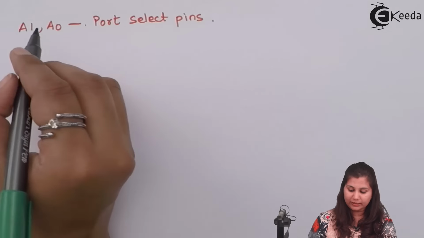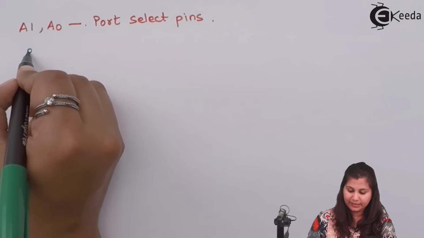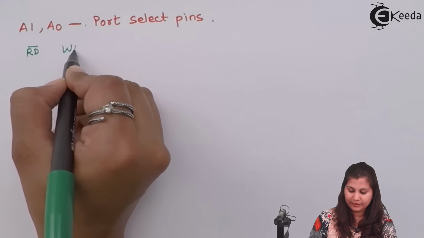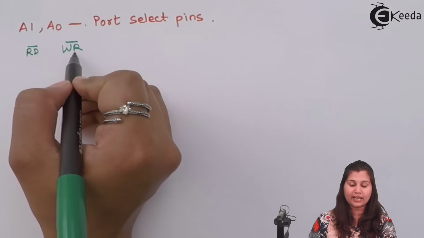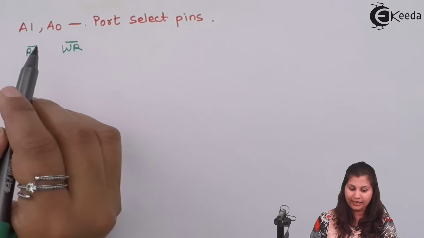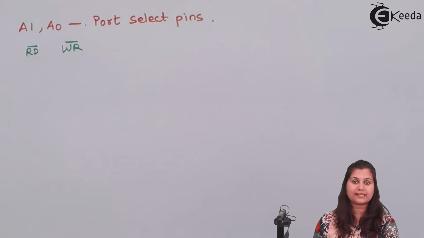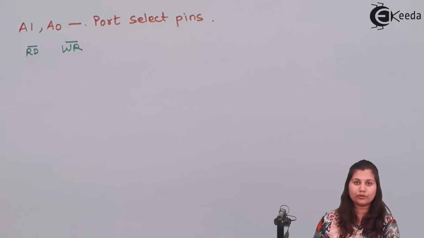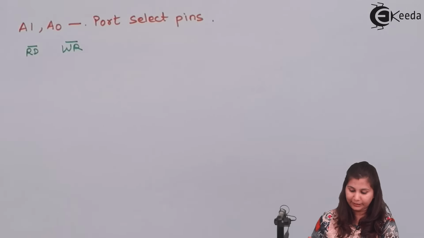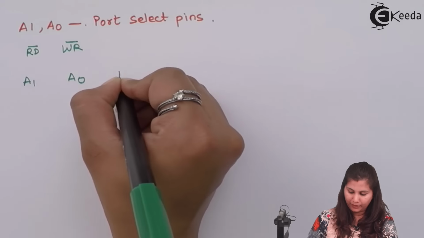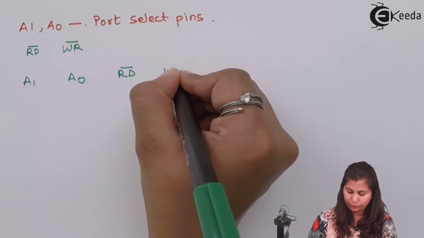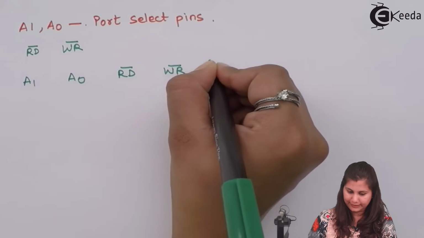These pins, in conjunction with the read signal and the write signal, meaning A1, A0, read and write, decide which of the ports is selected by the control word. Okay, let's see the table for it. We have A1, A0, RD bar, WR bar and the chip select signal.